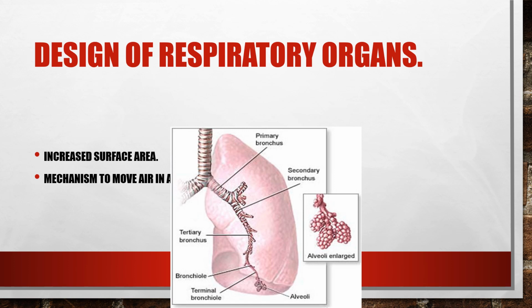It consists of the nose leading to the trachea leading to the bronchus leading to the bronchioles, and the bronchioles ending in grape-like structures known as alveoli. The alveoli are in the form of grape-like structures so that there is an increased surface area for gas exchange.